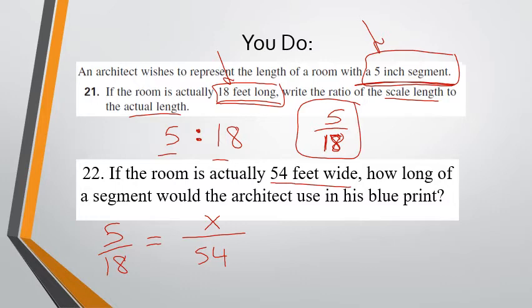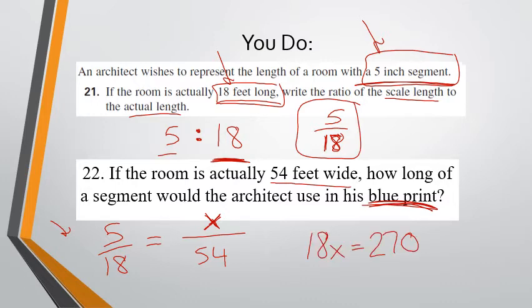So instead of being 18, okay, it's 54. We're using that scale factor equal to, well, the blueprint x on top, divided by the actual, which is 54. Then you would cross multiply and solve for x.